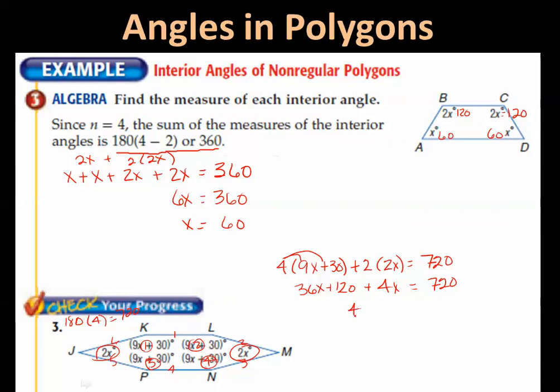So you're going to have 40x plus 120 equals 720. You're going to subtract that 120 from both sides, so you're going to end up with 600, and divide 600 by 40. You're going to get 15. So x equals 15, so this angle right here is 30 degrees.